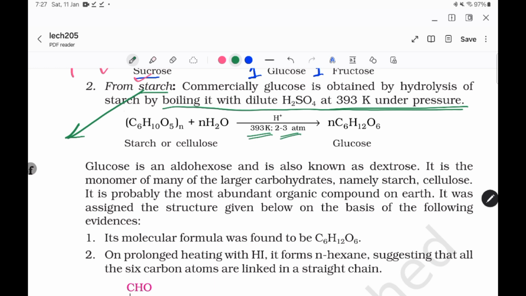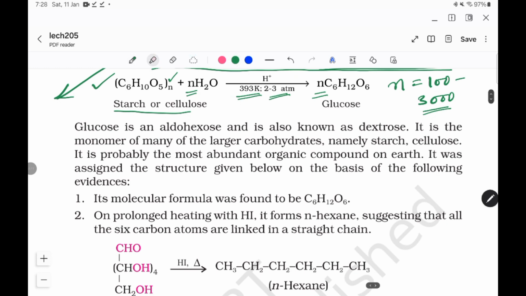As we can see, the formula of starch or cellulose is (C6H10O5)n, and we are going to boil this with n number of water molecules, and we will get n number of C6H12O6. We had already seen that the number n stands for 100 to 3000, so there is no need of writing any number over there, we can just denote it by n.